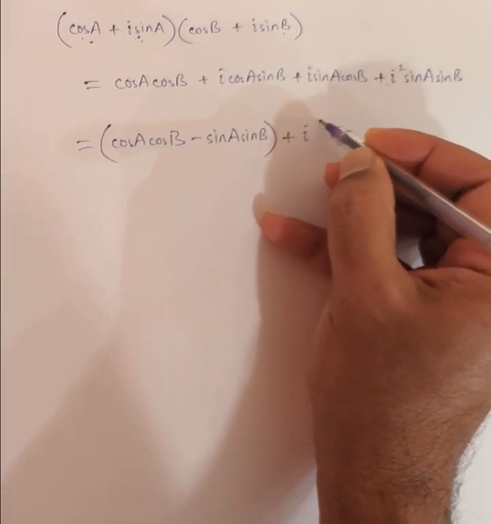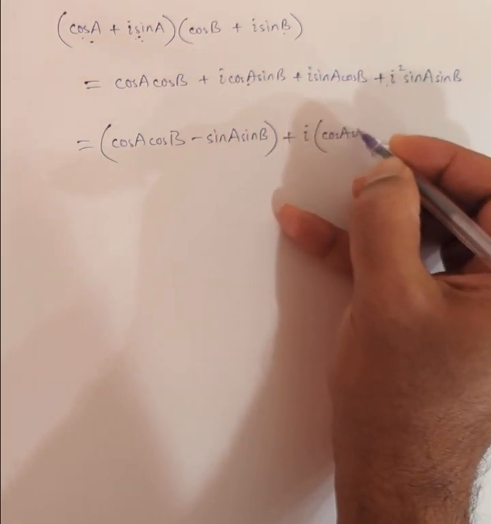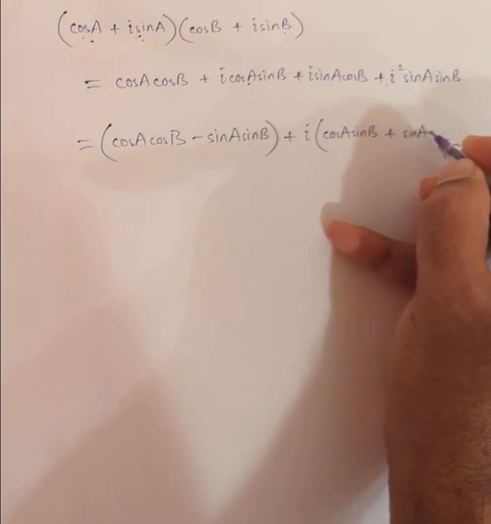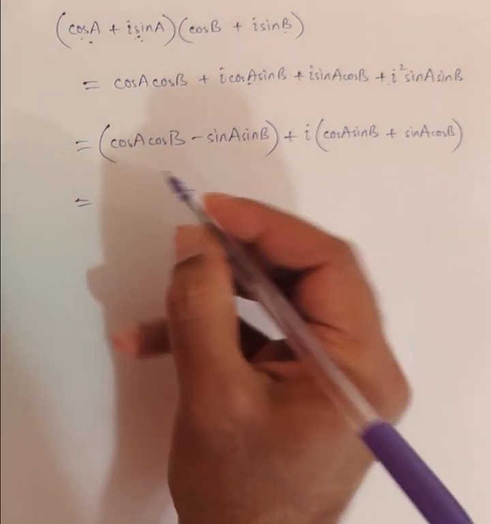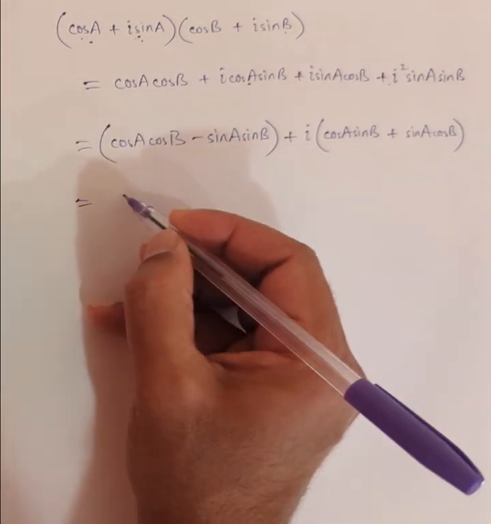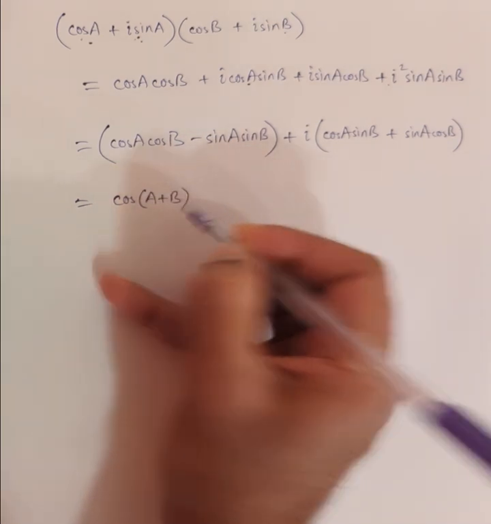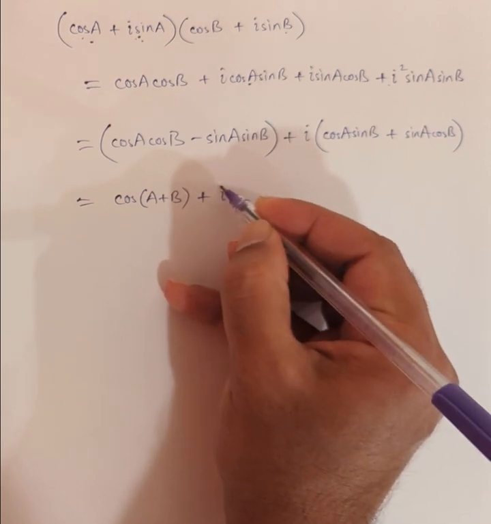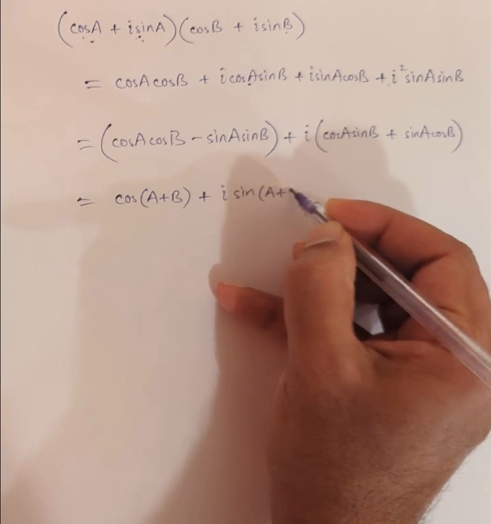So let's write down i times cosine A sine B plus sine A cosine B. So notice, this is the formula for cosine of A plus B. And this is the formula for sine of A plus B. So i sine of A plus B.